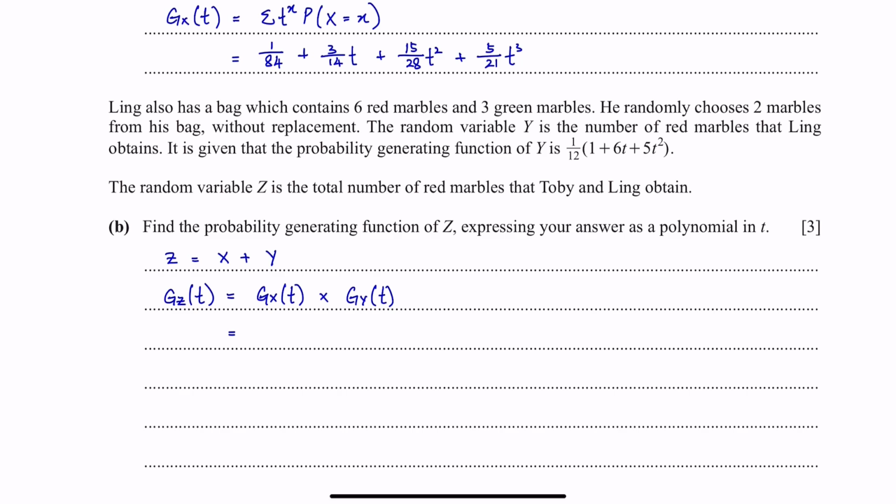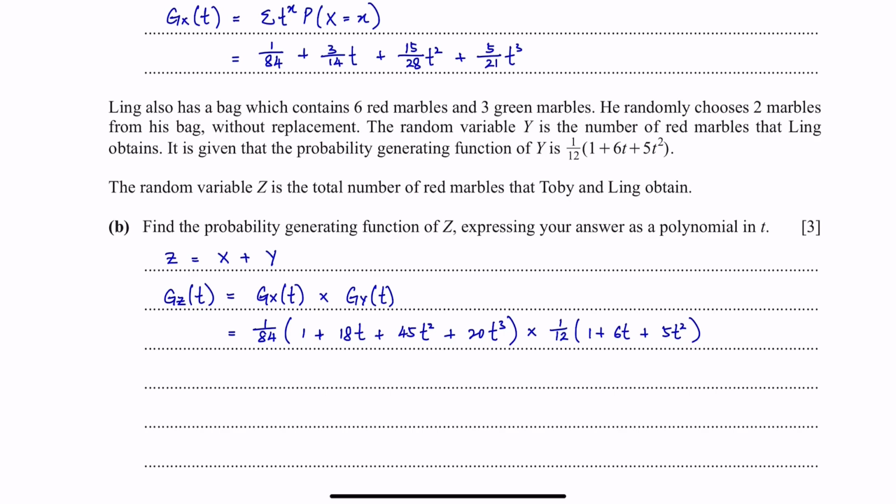So we can write G_X(t) as 1 over 84 times 1 plus 18t plus 45t squared plus 20t cubed, okay, so this times 1 over 12 times 1 plus 6t plus 5t squared.